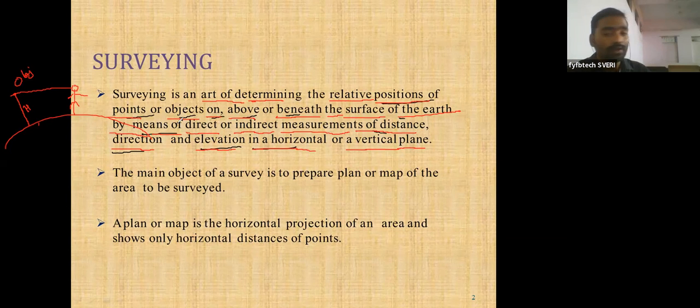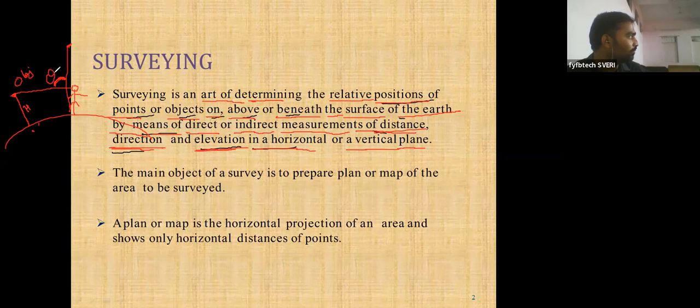So what are you going to measure? You may measure distance, or direction, or elevation. Distance means the height of this object from the ground. Now direction: there is one object here and another object there. With respect to this one, how much is the angle made by these two?